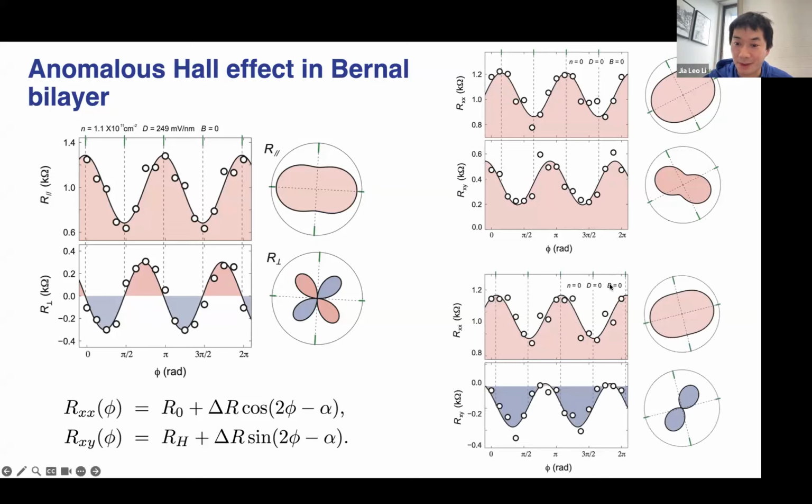And what we did is that we ramped the magnetic field to negative 20 millitesla. It's a very small field, and we ramp very slowly. And we come back to B equals 0, and you see that this R_H term now becomes negative, right? So the magnetic hysteresis behavior and the angular dependence is highly consistent with some kind of anomalous Hall effect.